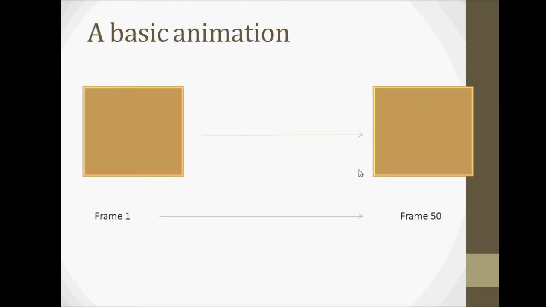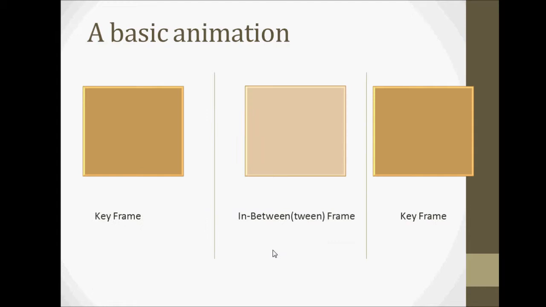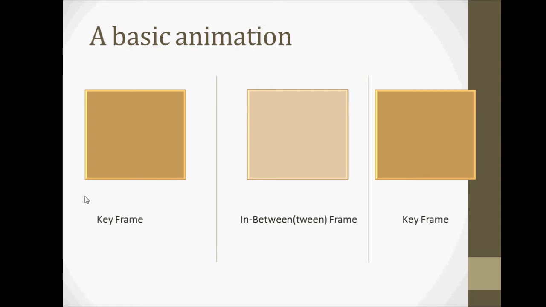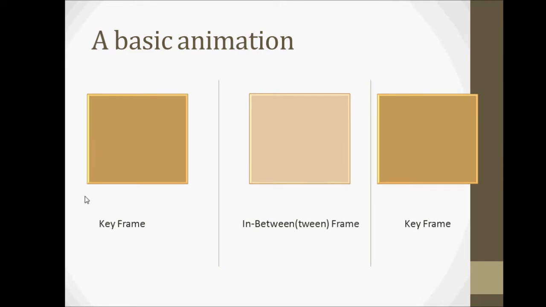And that would actually be working on a series of different types of frames and who drew them, and that's on the next slide. If you had an important frame like the beginning of the animation, that would be called a keyframe, and that would be drawn by someone high up in the animation team or someone leading the animation team, and the last frame would also be a keyframe.